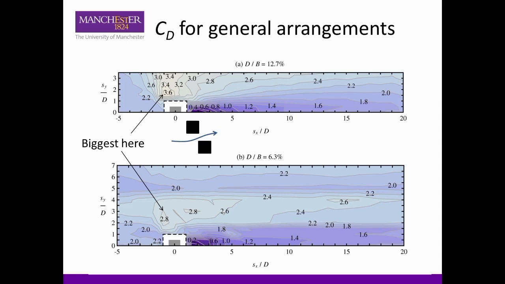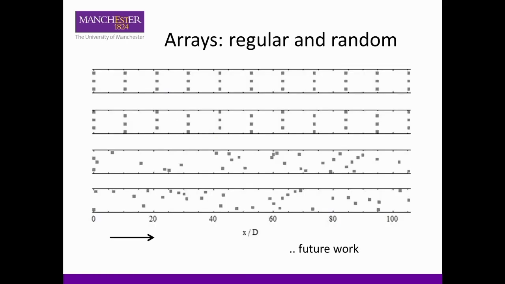There are other interesting features about what happens as you get nearer and further away from the wall. We have looked at, or Francis has looked at, what happens when you have an array, which is kind of what we were building towards, because we're interested in what happens where you have an array of vegetation or obstacles, or possibly deliberately placed obstacles, or deliberately placed vegetation for that matter.